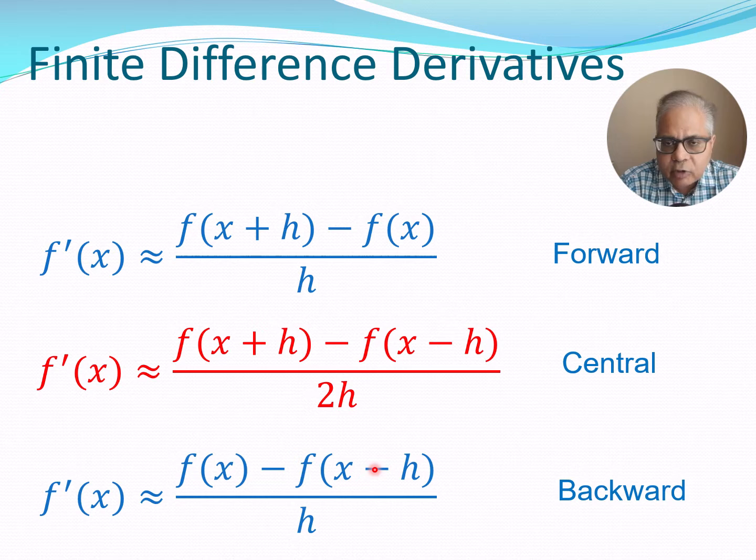So you need to calculate one extra point. But in the central difference, you need to calculate two extra points here. So there is x plus h and there is x minus h. So central difference, of course, is more computationally expensive as far as numerical differentiation is concerned.